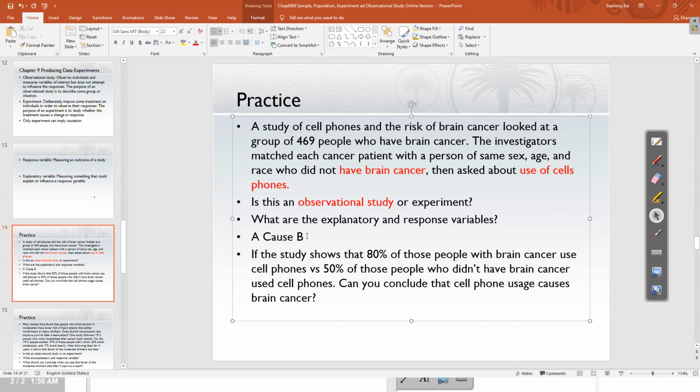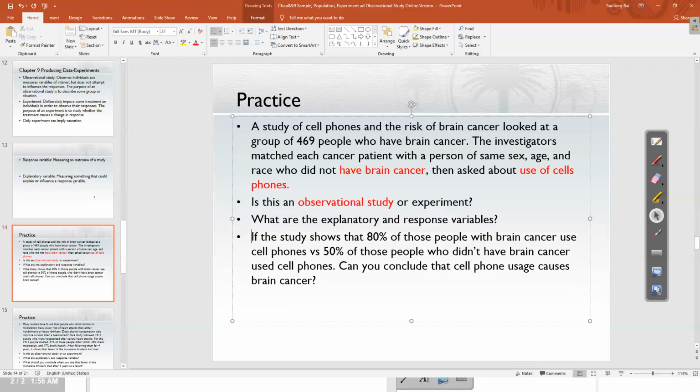So use of cell phones causes brain cancer. In that case, brain cancer is the response variable, the one being caused, that's the outcome. And use of cell phones is the explanatory variable, the contributor to the response, right? Okay. So if you get confused, try to put a cause word in between the two variables. That's a very effective way to do it.